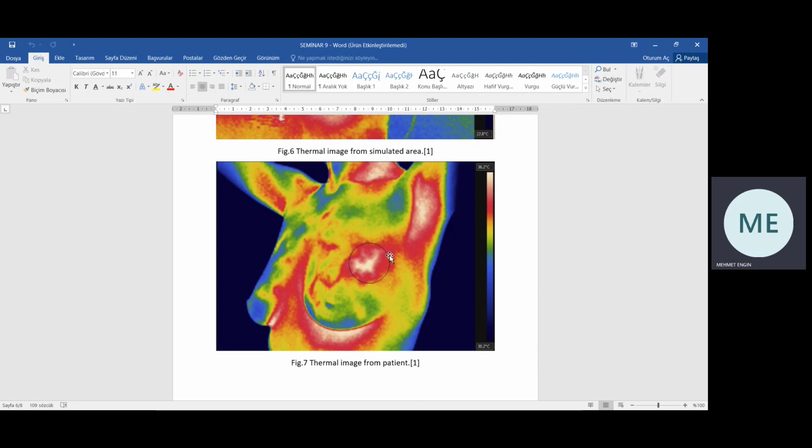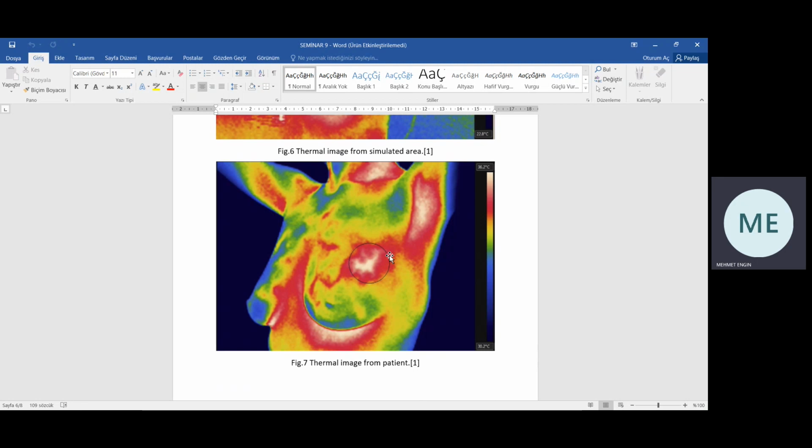Comparison of thermal images between the thorax simulator and patient, as shown in Figure 6 and Figure 7 respectively, using the mathematical model showed that thermal images resembled tumors of 2 centimeters of diameter and at a 5 centimeter depth with a metabolic rate of approximately 80,000 watts per cubic meter.